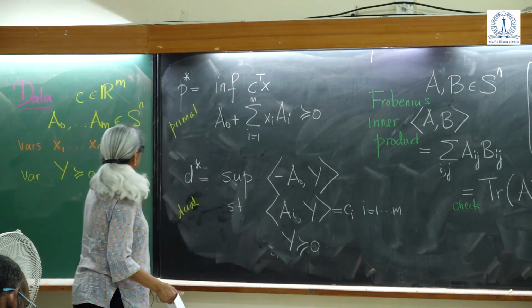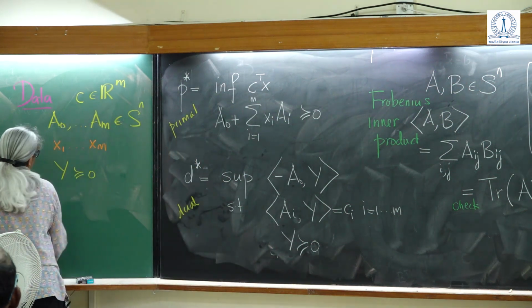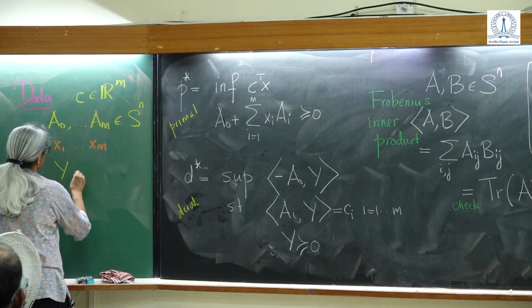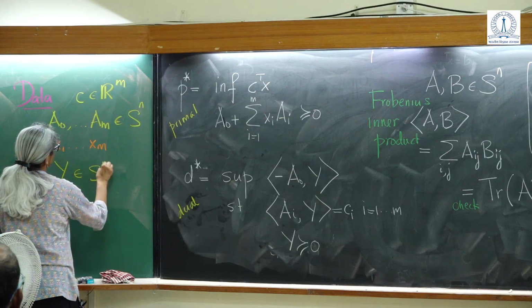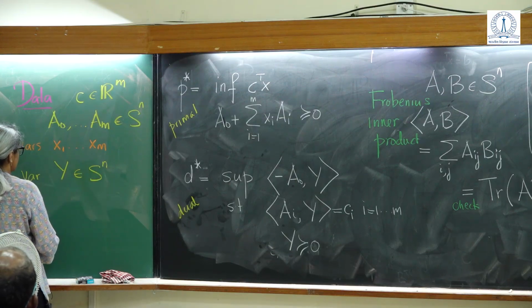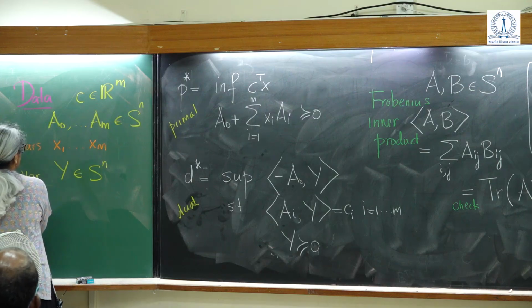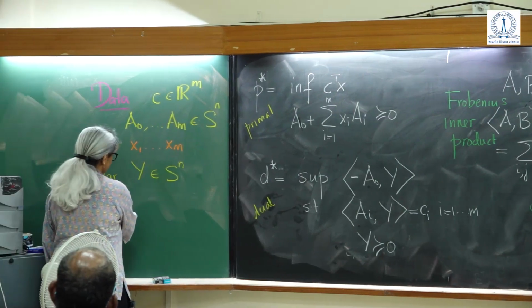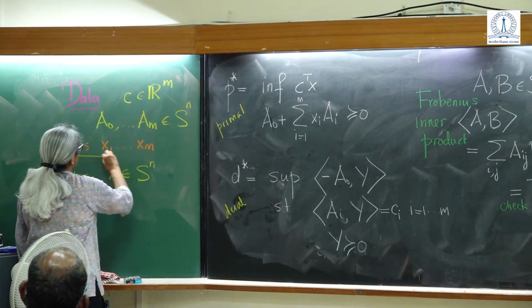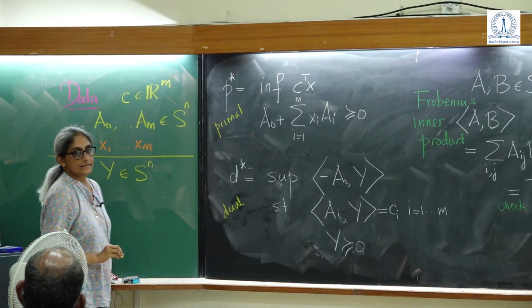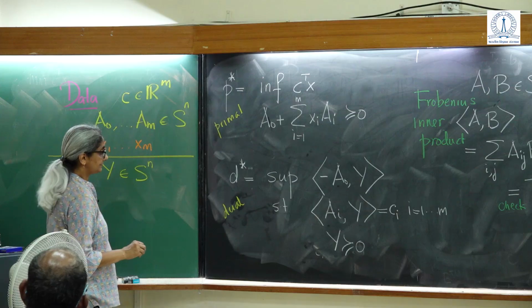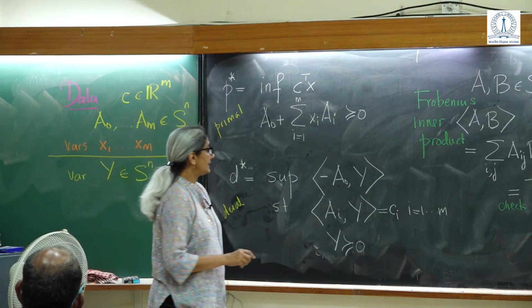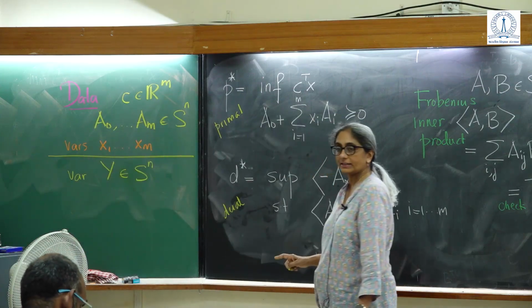So this is a symmetric matrix. This is in the dual. For the dual we also have C and Ai, using the same data as the primal came with.